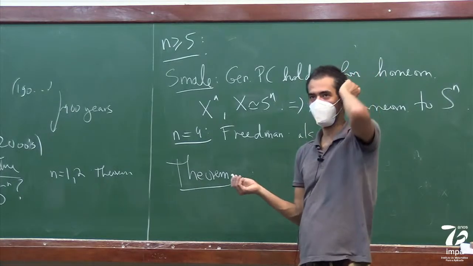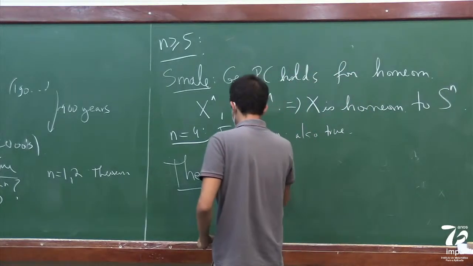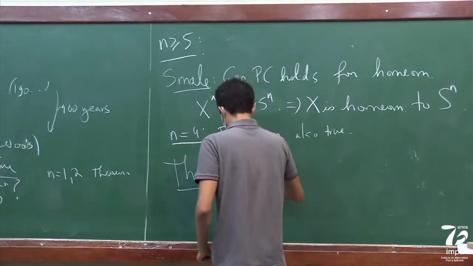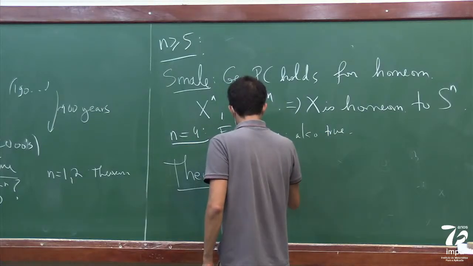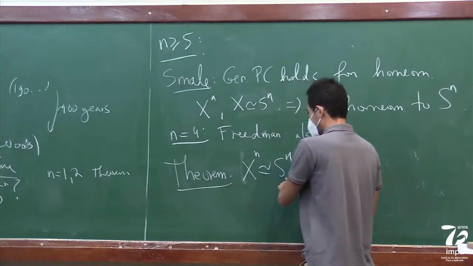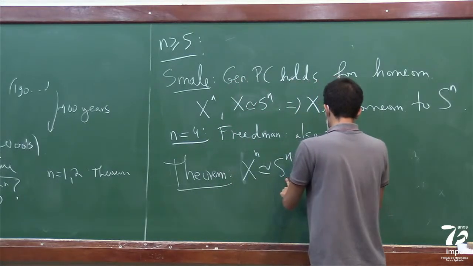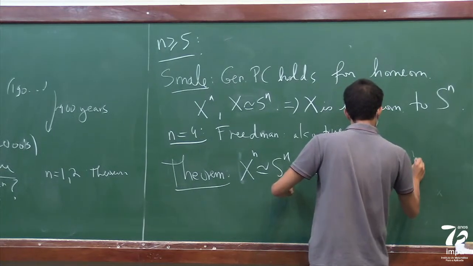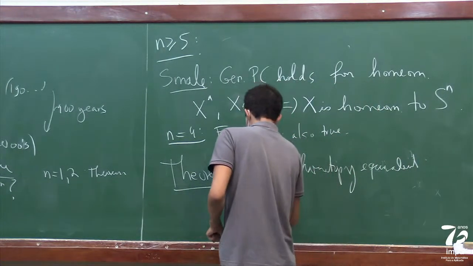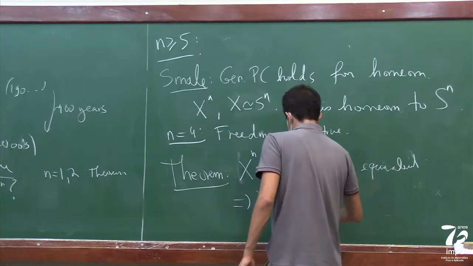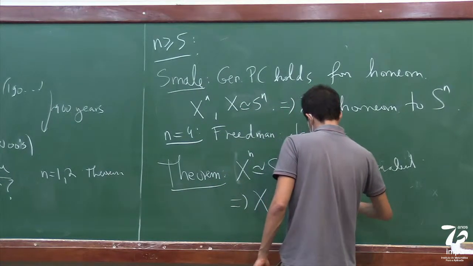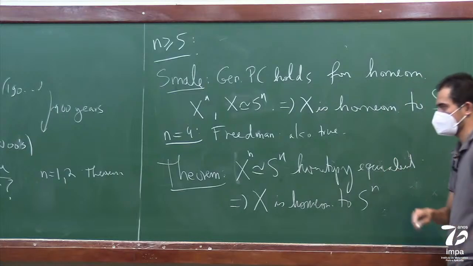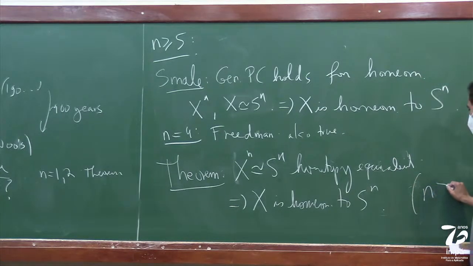But I can give you an idea, nevertheless, that if Xn is homotopy equivalent to Sn, then X is homeomorphic to Sn whenever n is greater than or equal to 5.